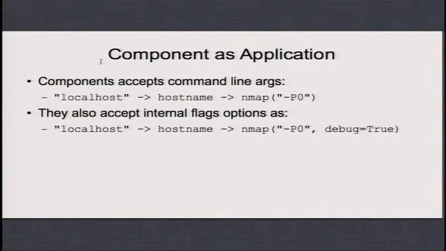So here you can see two quick examples and just a little bit of background about how these are being played with as components. So first of all, there is a lot of automatic stuff happening in HackerShell to get all these things working together. But this automagic can also be broken down and customized. So for instance, in this first example, we can see a very clear, very simple scanning script. We have the localhost into the hostname and then into Nmap.